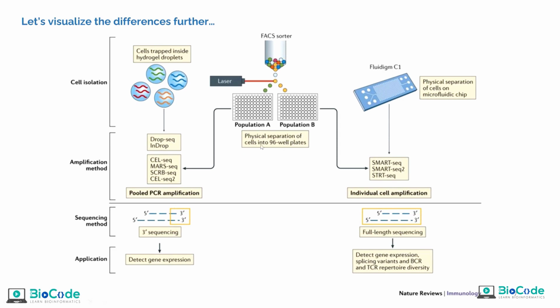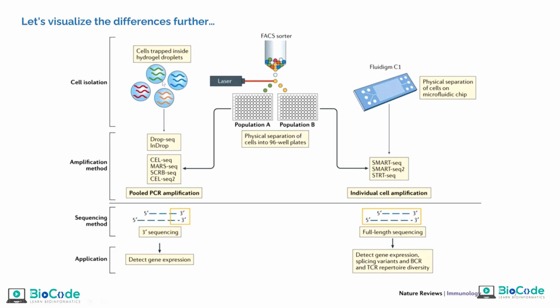As you can see, physical separation of cells into 60 well plates. So each cell goes into its own well. We do have Fluidigm C1, which basically allows the physical separation of cells using a microfluidic chip that I was discussing earlier. So these three are different main technologies.